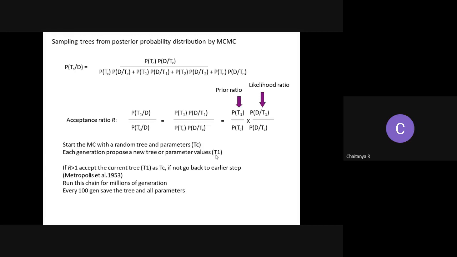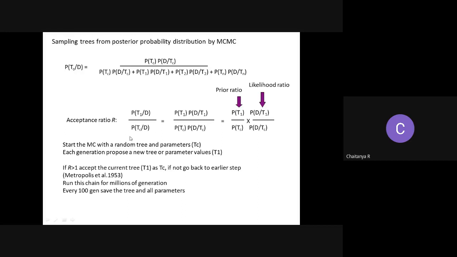So this again is the Bayesian equation, right? And here we'll introduce a new term called acceptance ratio, though we have already spoken about what acceptance ratio is, right? When you remember I was telling you that the chain starts at one tree, calculates the posterior probability for that tree. Let's say that tree is TC, tree current.